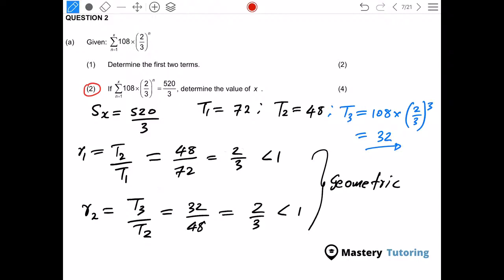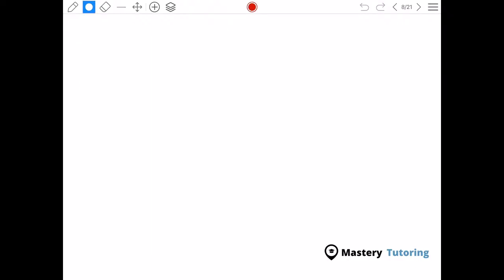Okay. So now we can proceed and find the value of x. We're going to use this information here. So Sx is equal to 520 over 3, and then we're going to use this value of r, which is less than the first term. So let me write all that info here. We know that Sx is equal to 520 over 3.